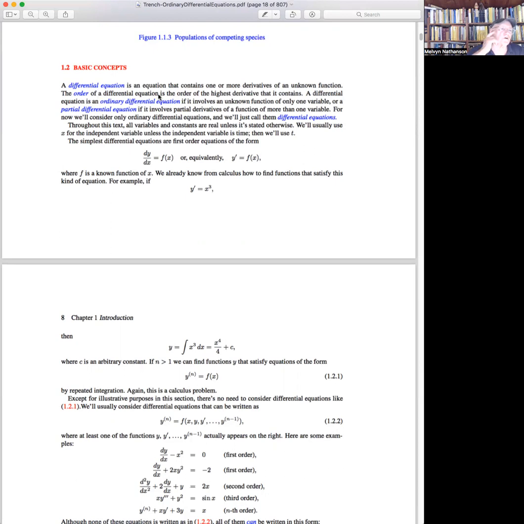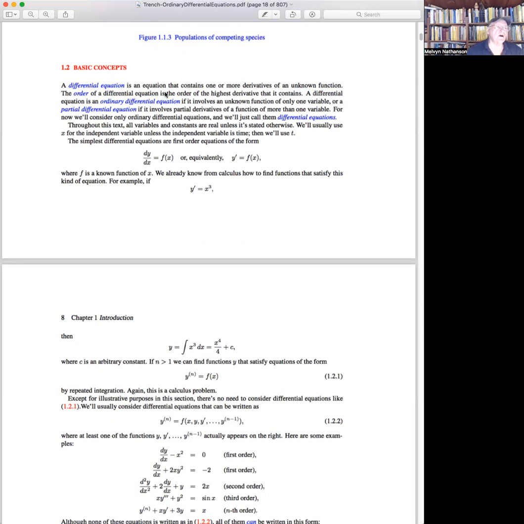The order of the differential equation is the order of the highest derivative that it contains. So, for example, population growth involved only a first derivative. So that would be a first order differential equation. Newton's law of motion involves acceleration. That's a second derivative. So Newton's law is a second order differential equation.